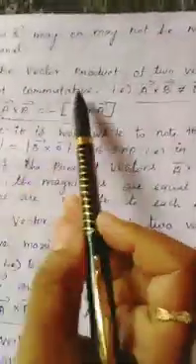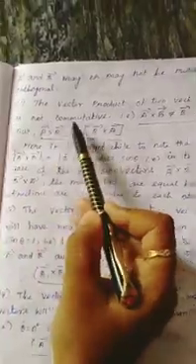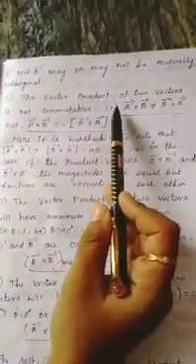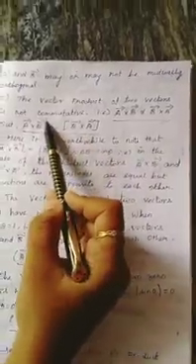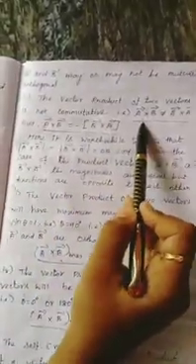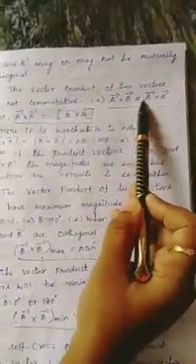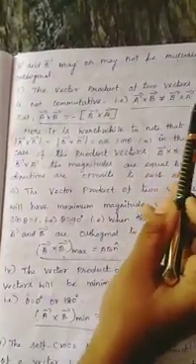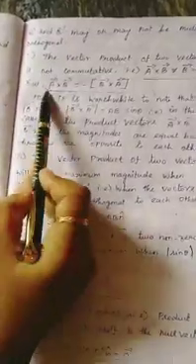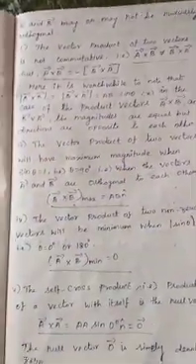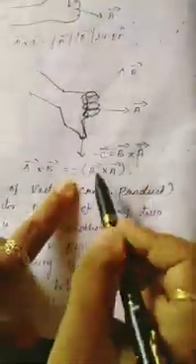Second, the vector product of two vectors is not commutative. In the scalar product we saw that it is commutative, but the vector product is not commutative because the directions are different. So A vector cross B vector is not equal to B vector cross A vector. If you see this diagram, the directions are different, so we are getting minus.